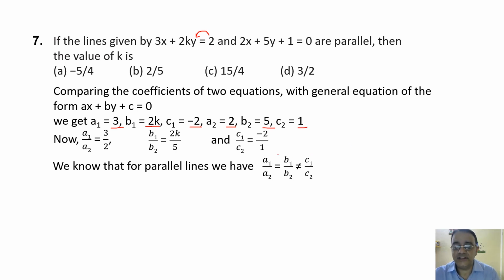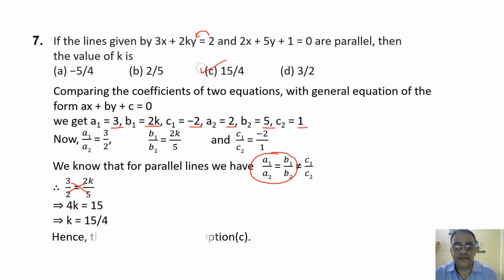We will take only these two, so 3 by 2 is equal to 2k upon 5. Cross multiplying, we get 4k is equal to 15, so k is equal to 15 upon 4. Which option is the correct one? Option C.